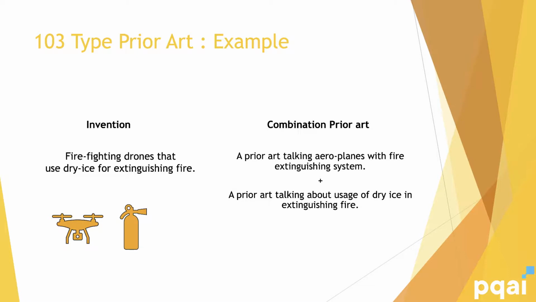And then they can pick another document that says that a fire extinguisher is possible, which puts out fires by using dry ice, right?